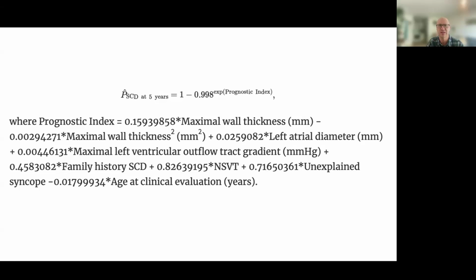Well, the equation that you can see here is kind of an extension of that principle. So the idea is that we have different predictors that may help us to predict the outcome.